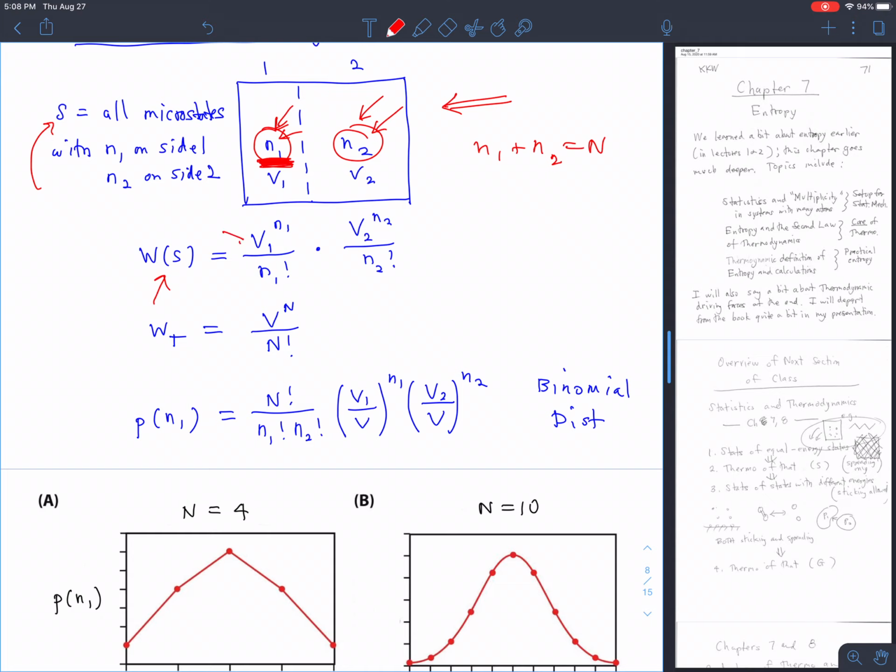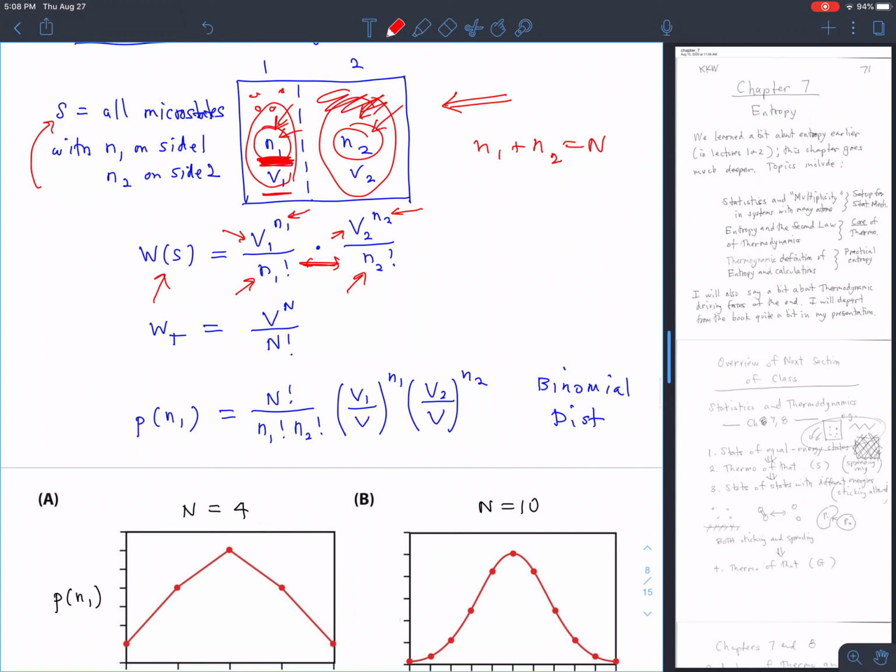And that's V1 to the N1 power divided by N1 factorial, times V2 to the N2 power divided by N2 factorial, multiplied together, because they're both independent, right? The molecules can move on this side independently of the molecules on that side. So for every configuration on this side, there's a whole bunch of configurations on that side, this many in fact.